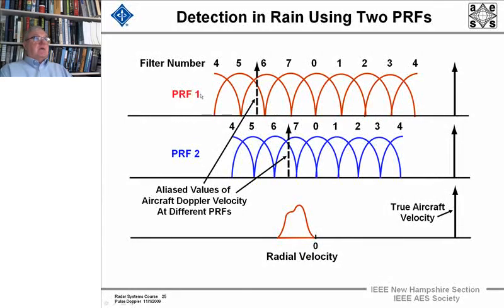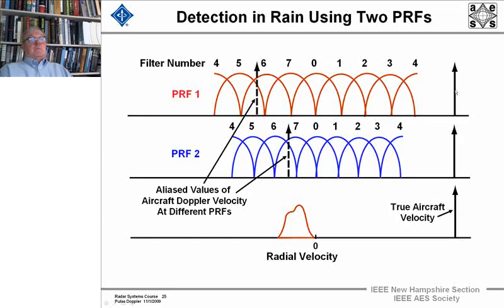Here's how we send out PRF1, and you see we have PRF2. And here's the radial velocity of the rain, something like that. We have a true aircraft velocity here that's beyond the blind speed of this PRF or this PRF with a longer blind speed.